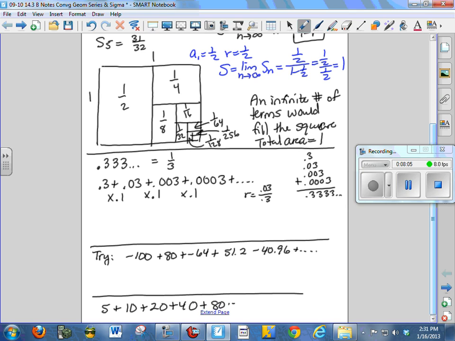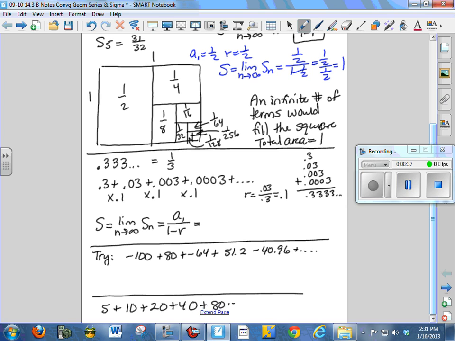So here r is 0.1. Now we want to find the infinite sum. So let me write S equals the limit as n goes to infinity of S sub n, and that equals a sub 1 over 1 minus r.